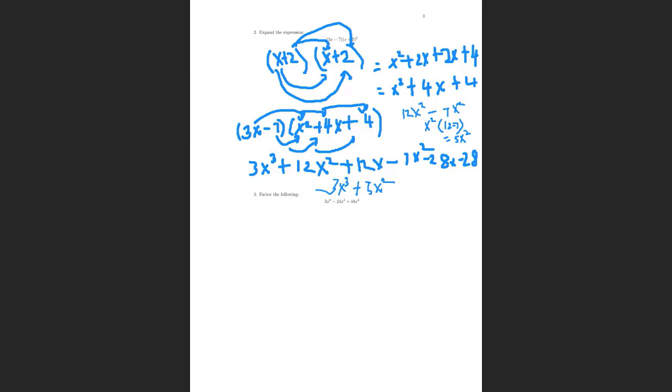And I know here I'm doing it in my head, but on your exam, I would highly recommend you do it on paper, because you don't want to lose easy points like that. So we got a minus 16x right here, and we have a minus 28. And this is our final answer for number 2, expanding the expression.